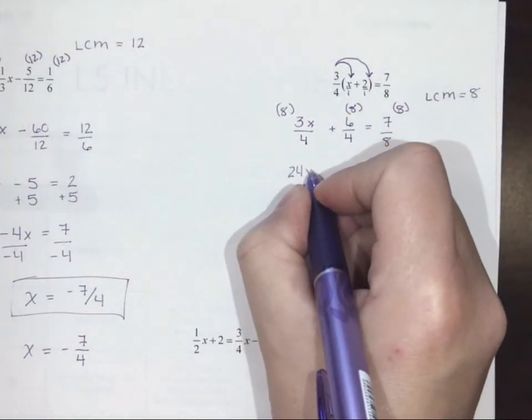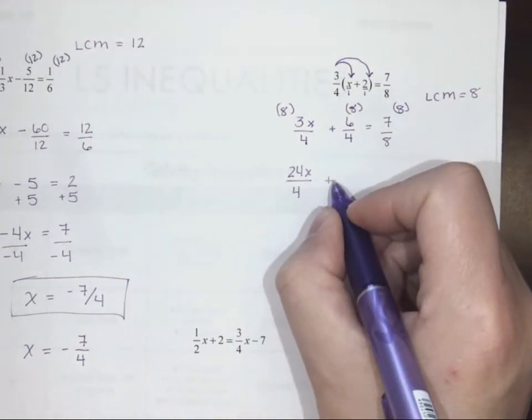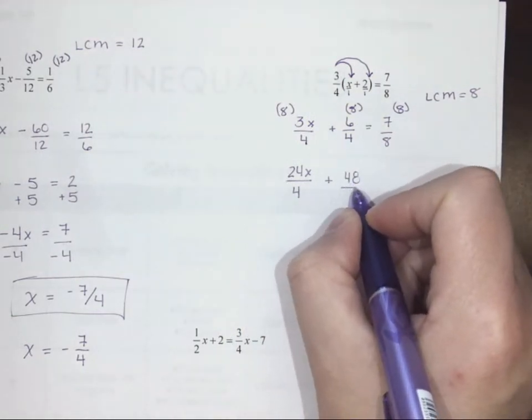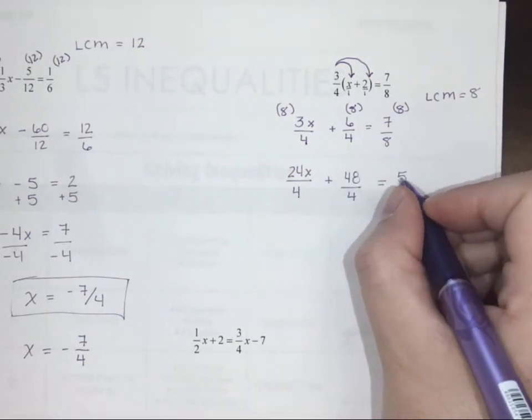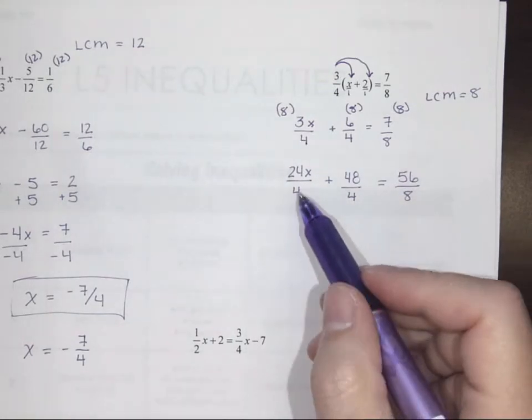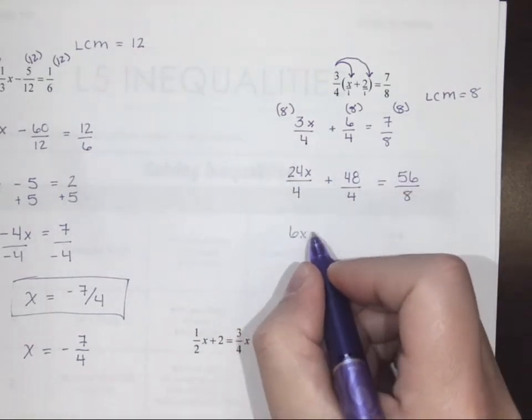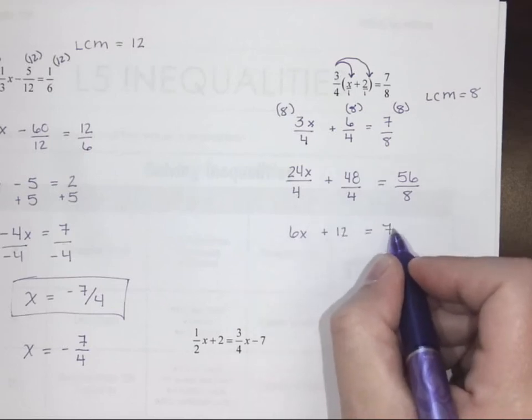So we've got 24x over 4 plus 48 over 4 equals 56 over 8. Okay, so we're going to reduce these, so that's going to be 6x plus 12 equals 7.